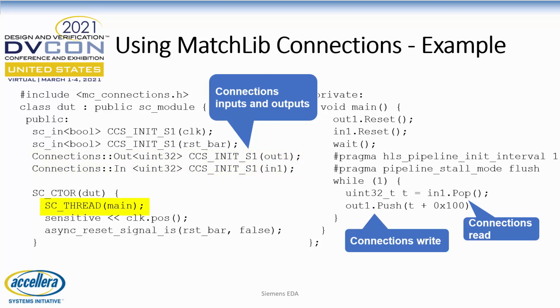This example has a single SC thread called main. The code on the right shows how MatchLib interfaces are reset in the reset action of the thread. And then within the body of the infinite while loop, the MatchLib input interface is read by calling the pop method, and the MatchLib output interface is written by calling the push method.